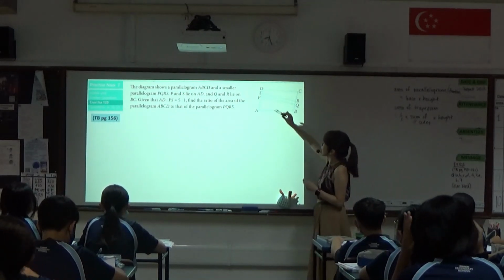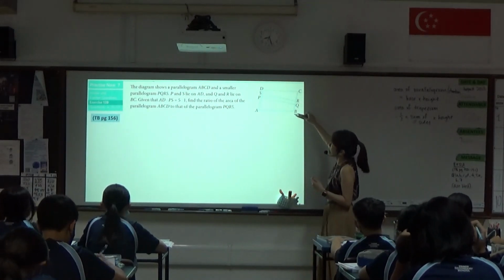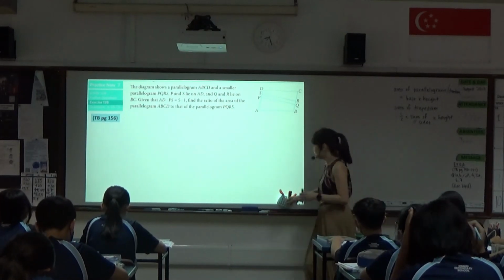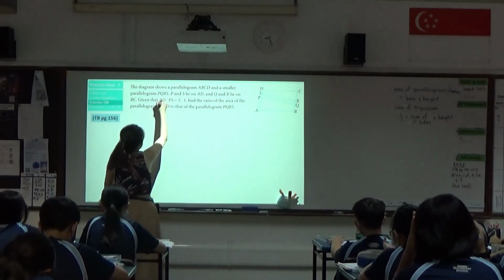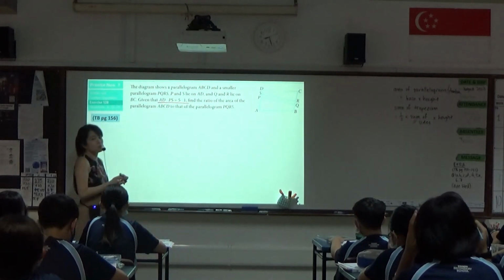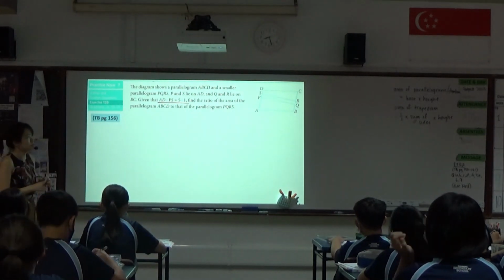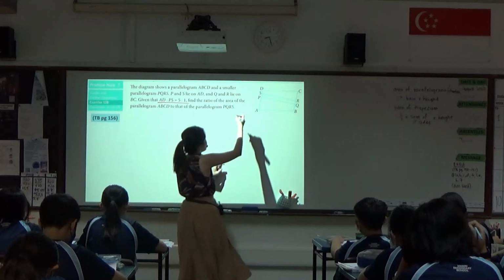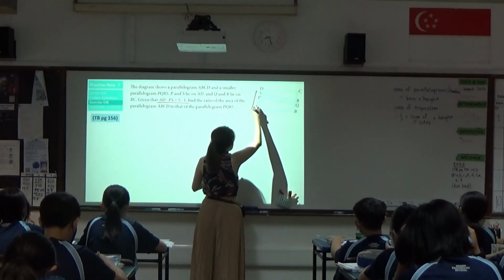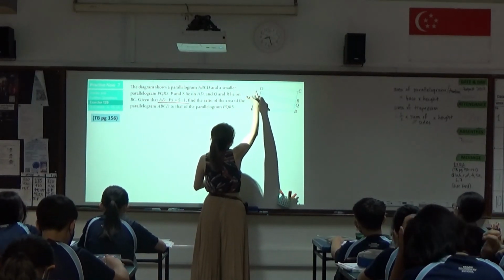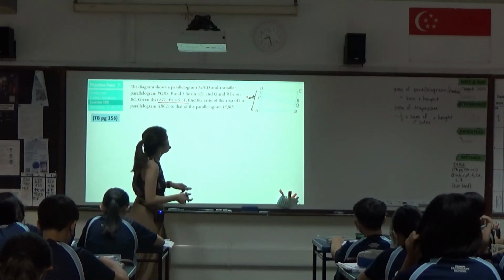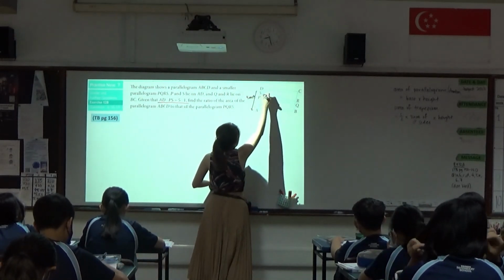Okay, P and S lie on AD, and Q and R lie on BC. We are given that AD to PS is 5:1. So how do we understand this ratio? It means that AD can be 5 units long, while PS is actually 1 unit long.